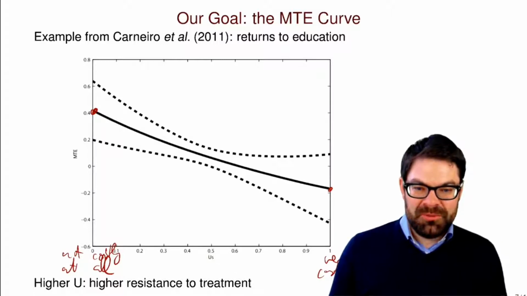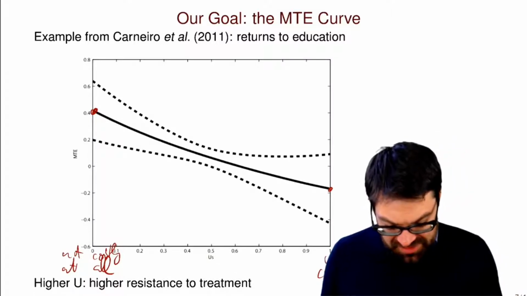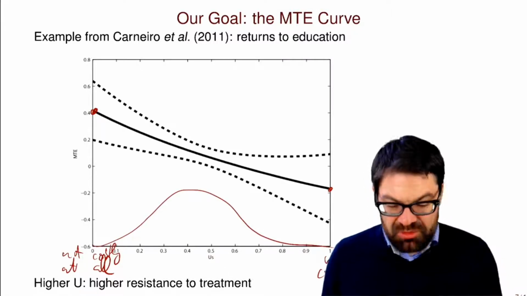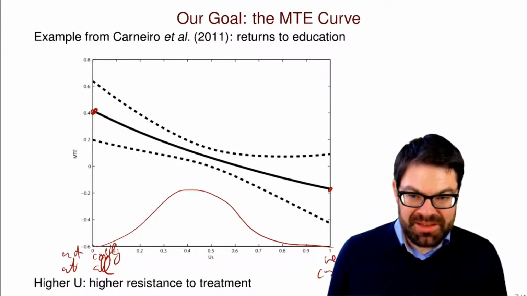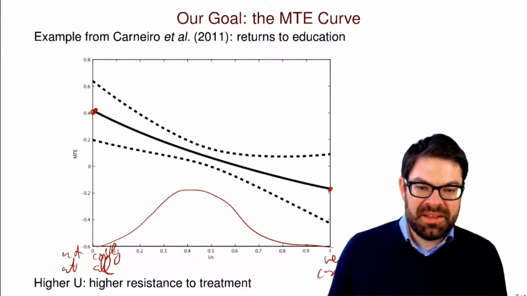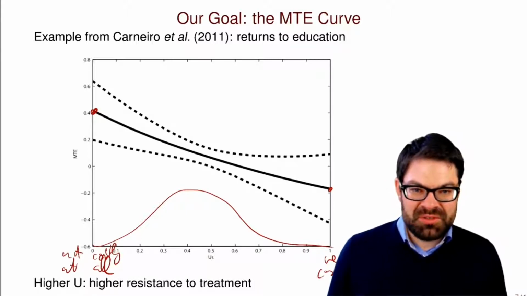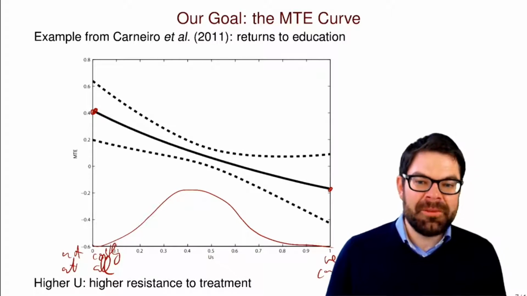And so if you think that you have, let's say, a distribution across all those values that looks something like that, then we can basically use that distribution to say, well, what is the average treatment effect?